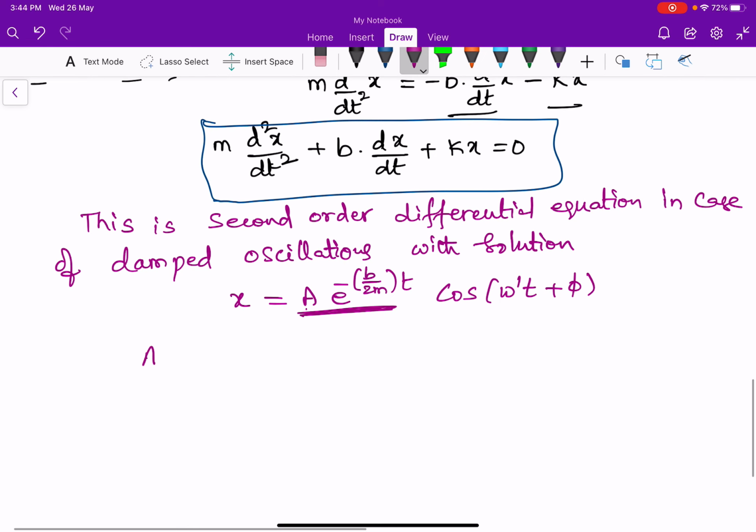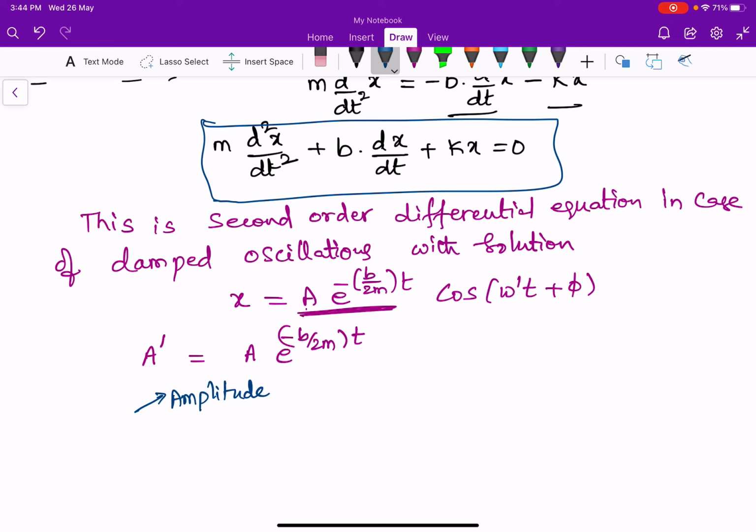So amplitude a dash is equal to a e power minus b by 2m into t. This is the amplitude when damping is present, and omega dash is nothing but the angular frequency when damping is present.